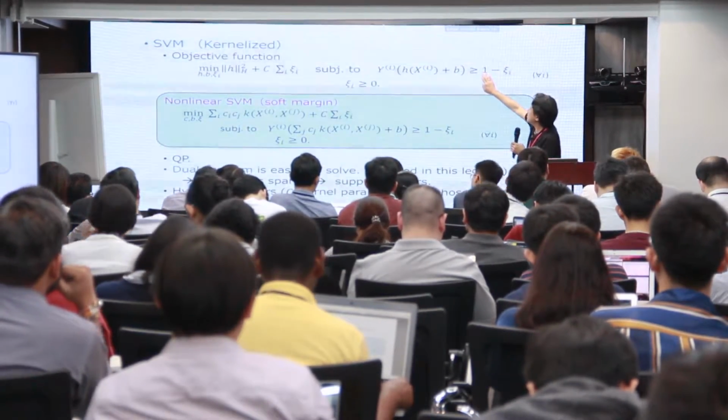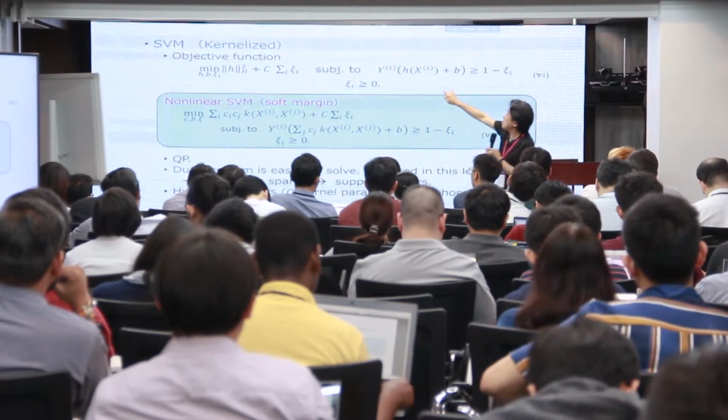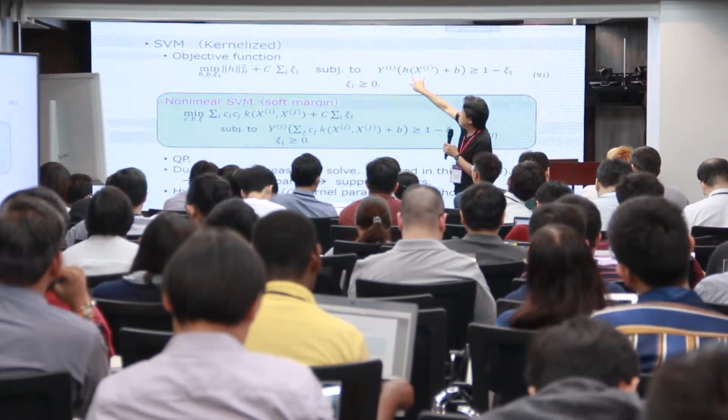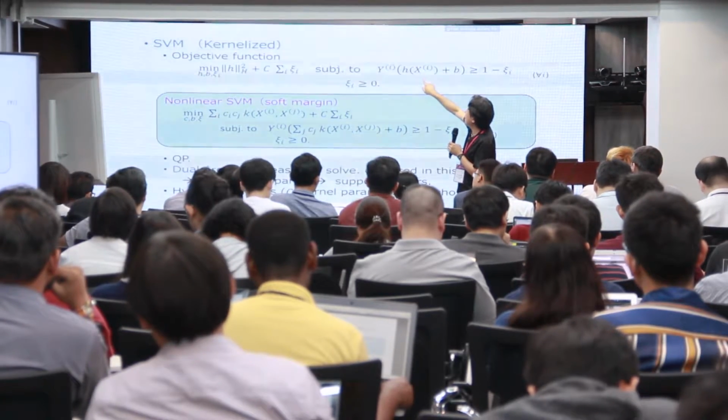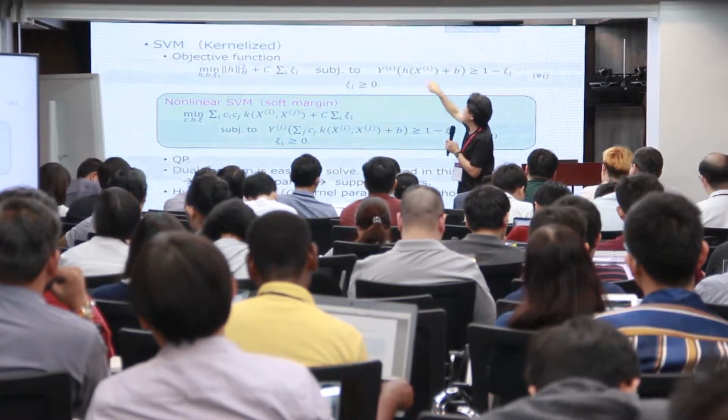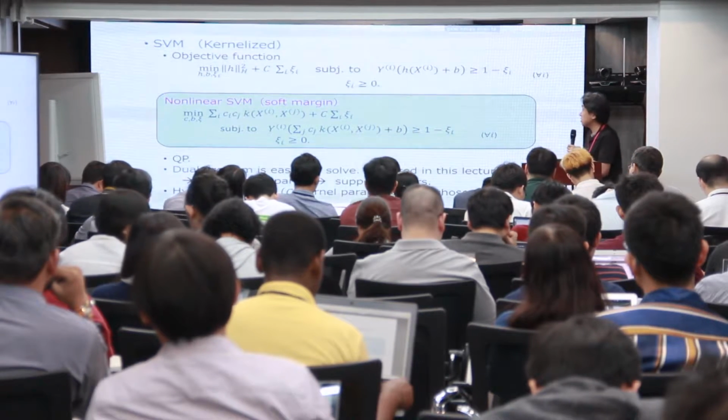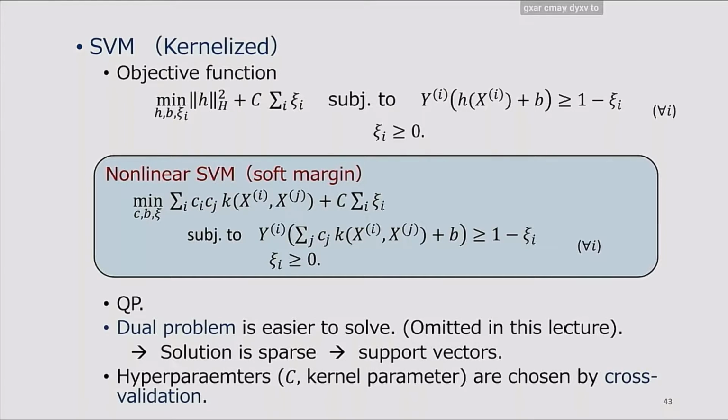And this is exactly the same, except that this part is given by the inner product of h and the phi of x, and I rewrite in this way by reproducing property. But this is the same as in the previous case.